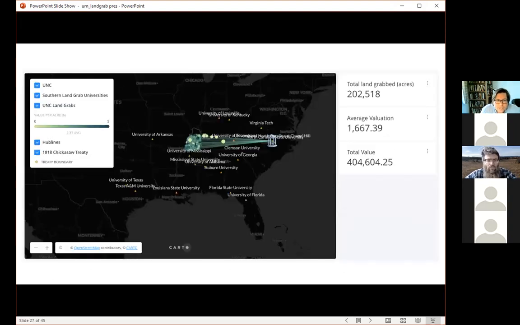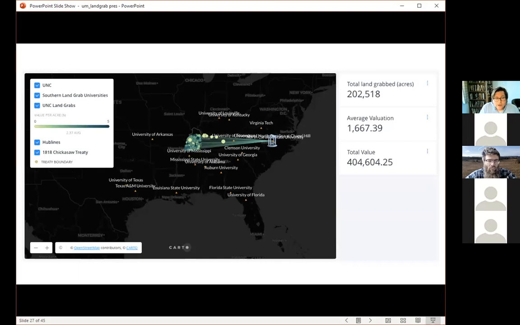Finally, there are stories that go beyond the data, like this one from Scalawag magazine, going beyond the data that we collected and employing the methodology that we developed. In September of last year, Scalawag magazine revealed that Southern universities funded their early years through the sale of land expropriated from Indigenous communities.